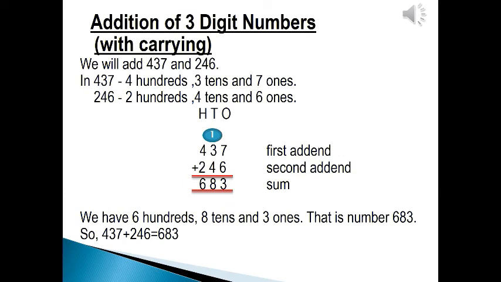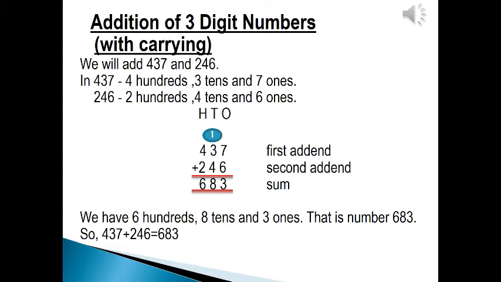Addition of 3-digit numbers with carrying. Look at this example. We have taken the numbers 437 and the second number is 246. In 437, 7 is at ones place, 3 is at tens place and 4 is at hundred place.